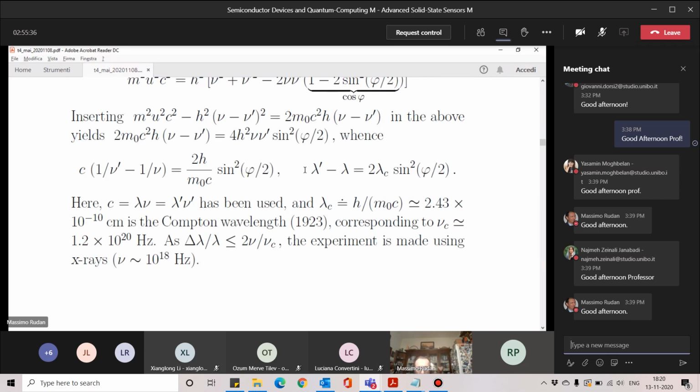So the experiment must be made using X-rays, at least, in which the frequency is 10 to the 18 Hertz. Okay, but such a frequency is so high that the energy of the photon is very large.